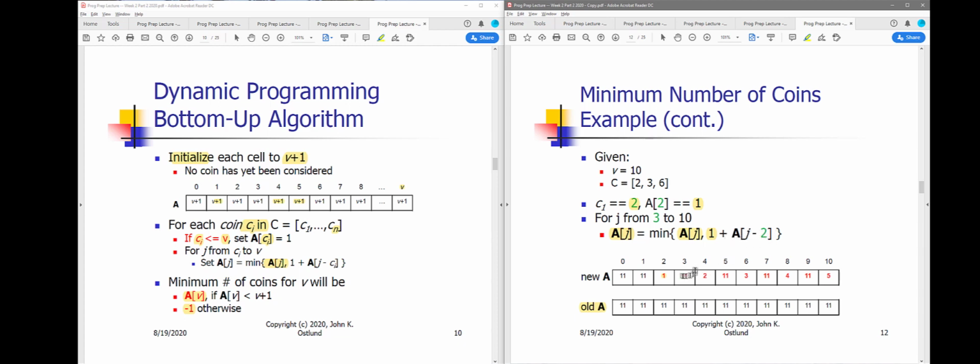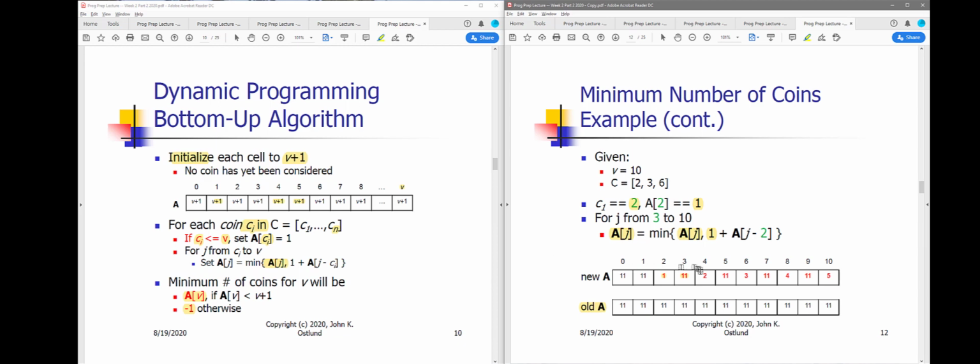Okay, we're at value equals 3, and one possibility is that we can't make change, so we've still got 11 there. The other possibility is that we need 1 2-cent coin plus the value of a sub j minus 1. Well, that's also 11. So the minimum of 11 versus 1 plus 11 is still 11. And that makes sense. We cannot make change for 3 cents using only 2-cent coins.